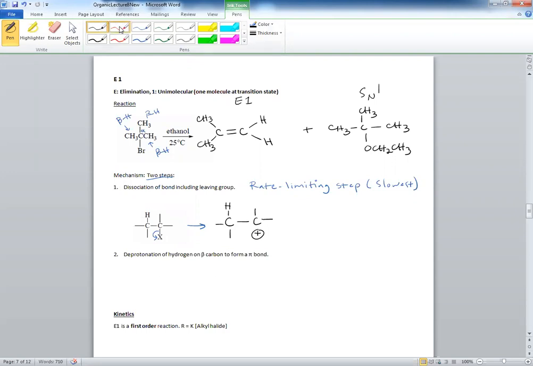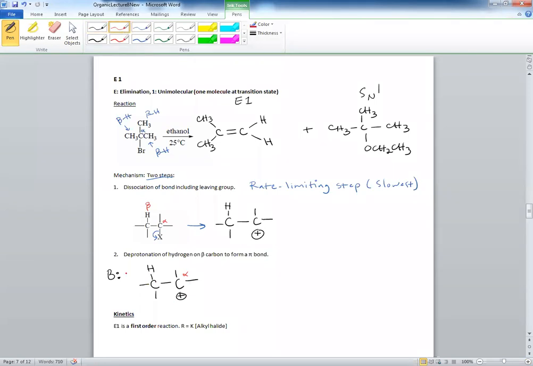And again, here's your alpha carbon and here's your beta hydrogen. Now the next step, which is a fast step, I'm going to take this now, place it there. And again, I'm going to mark your alpha carbon. You have a base nearby.